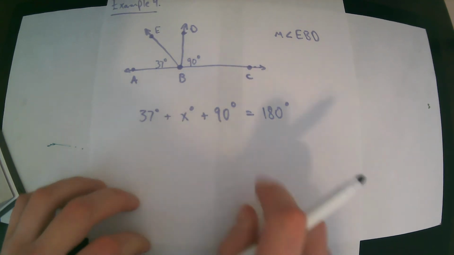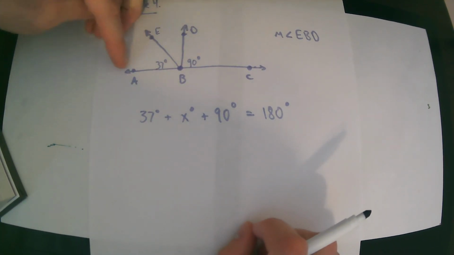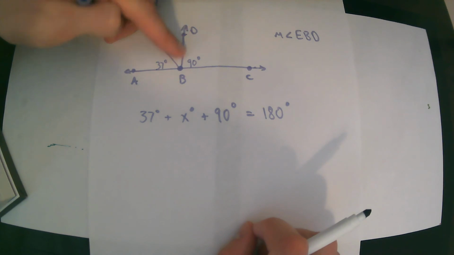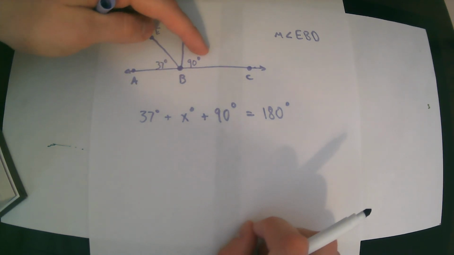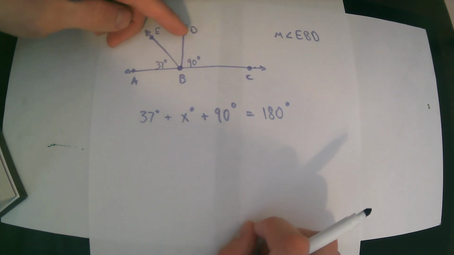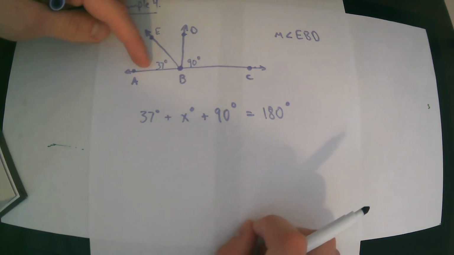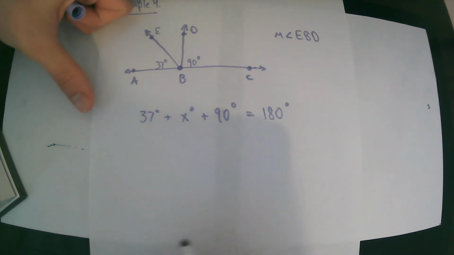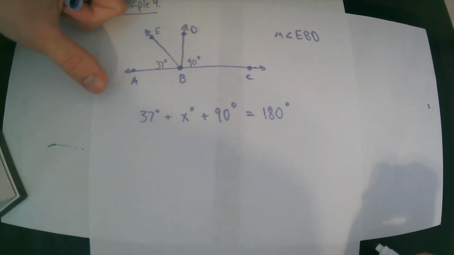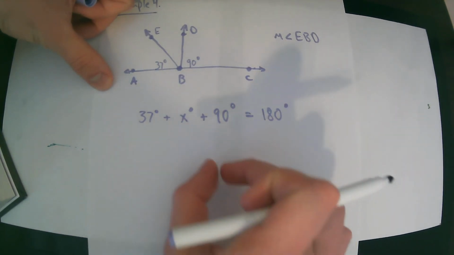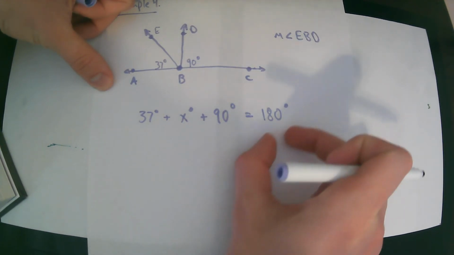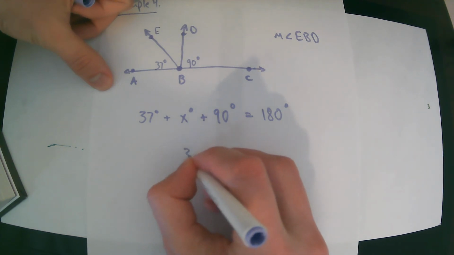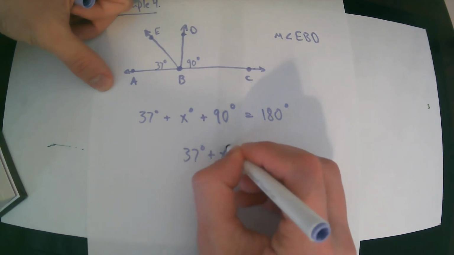Another way to think about it is 37 degrees plus this small angle should equal 90. They should be complementary to each other. If this angle is 90, then ABD must also be 90. So 37 degrees plus x should be 90. But it's the same thing. It's this equation as if we had just subtracted 90 from both sides, right?